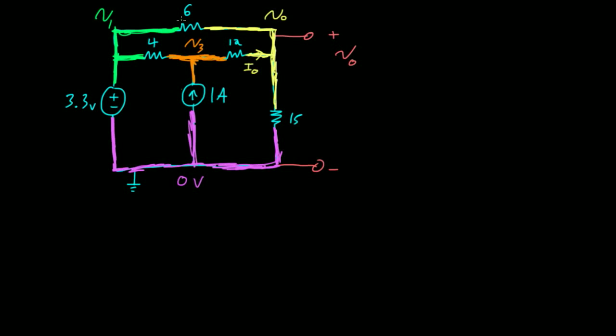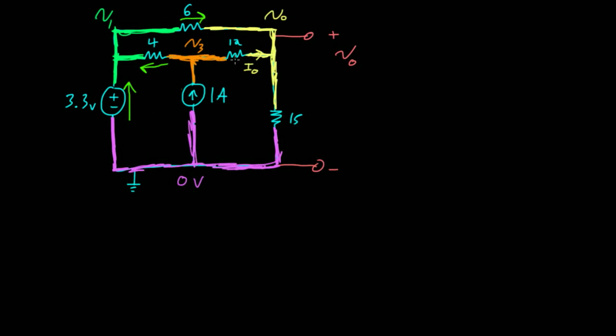Let's assume for this 6 ohm resistor that current flows like that. Let's assume for this 4 ohm resistor that current flows, let's say, like this. So across the 4 ohm, we flow from right to left. And then for this 3.3 volt source, let's say that current flows from bottom to top.